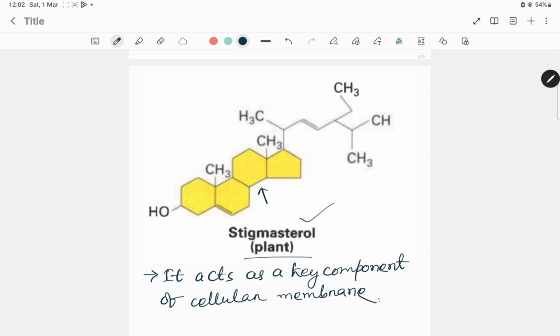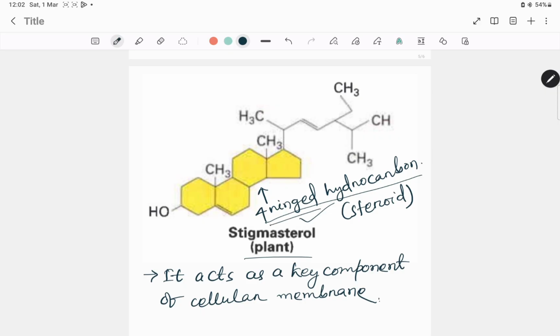It also has a four-ringed hydrocarbon. This four-ringed hydrocarbon is called steroid. This four-ringed hydrocarbon is shown in yellow color.